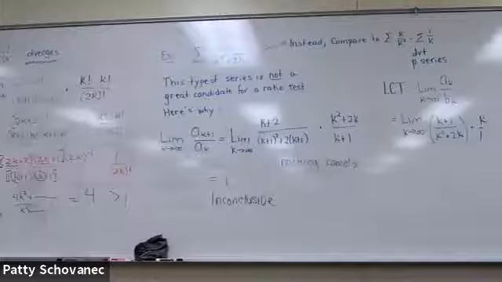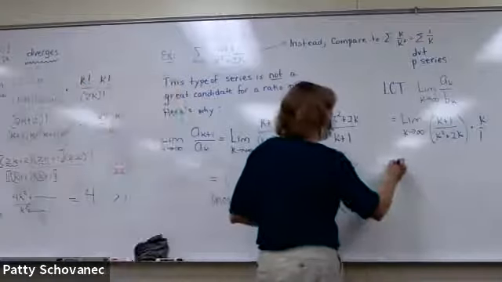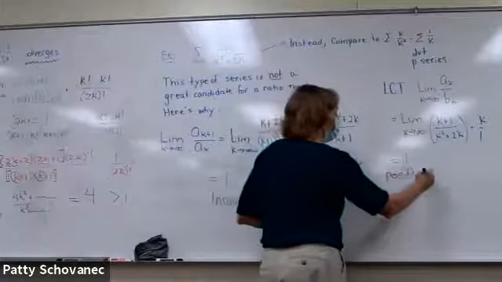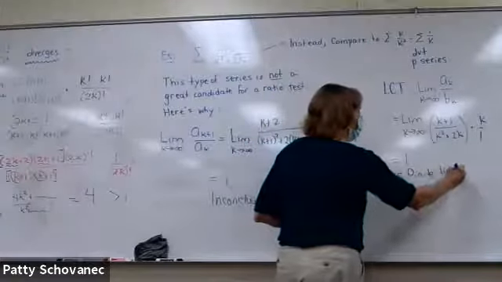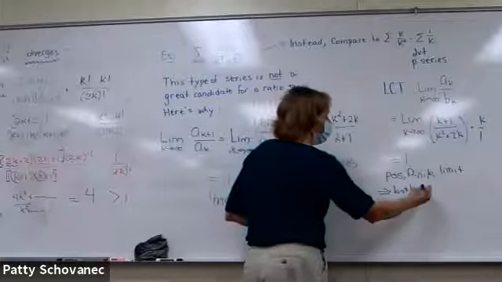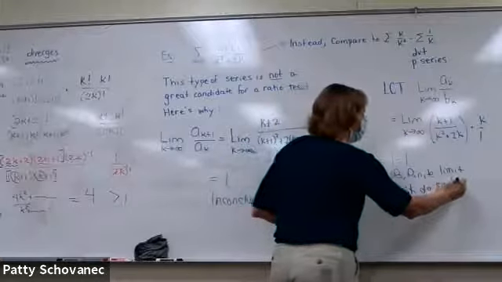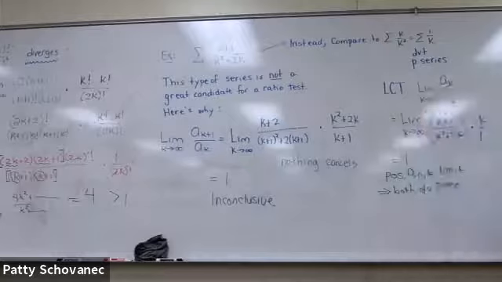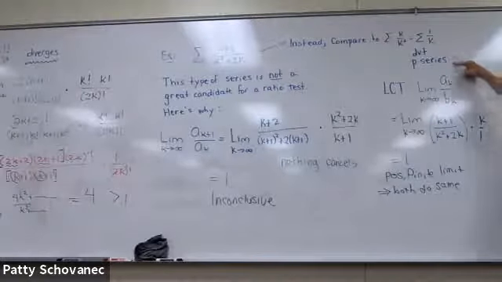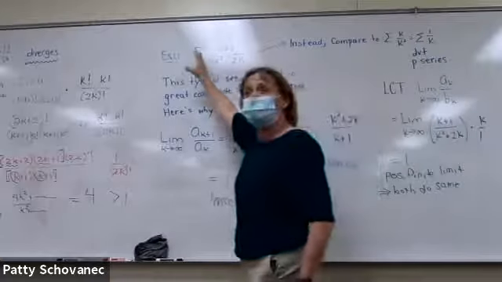So I have k squared over k squared, I get a positive limit of 1. Any positive finite limit means both series do the same. They both do the same thing. So I look up here, my comparison series is a divergent series, so that series diverges.